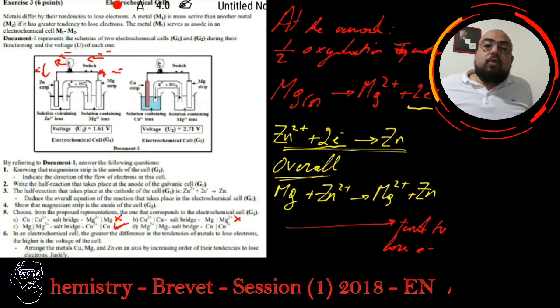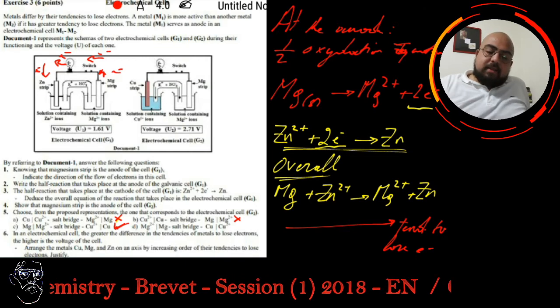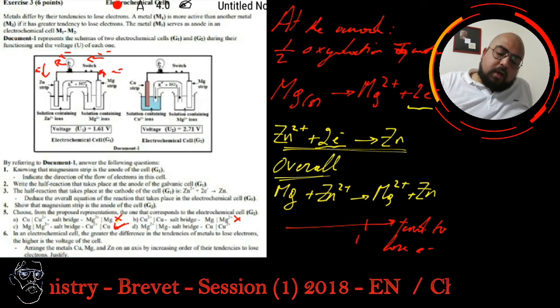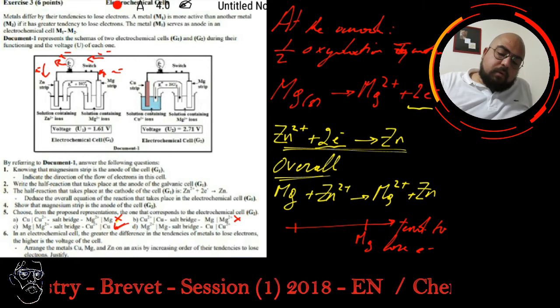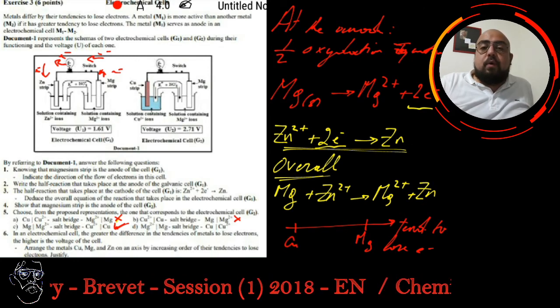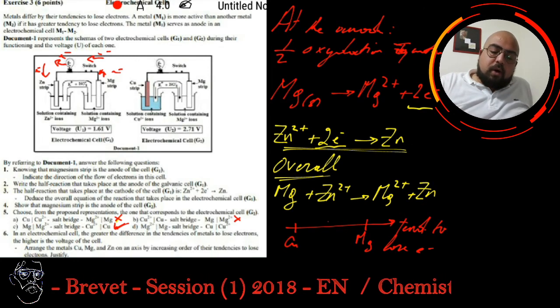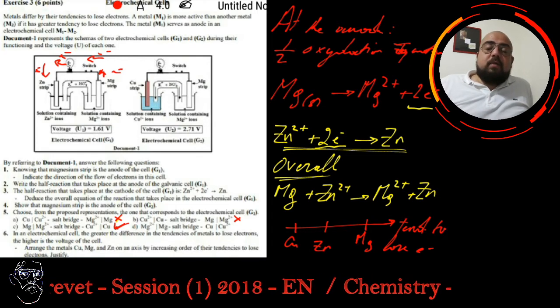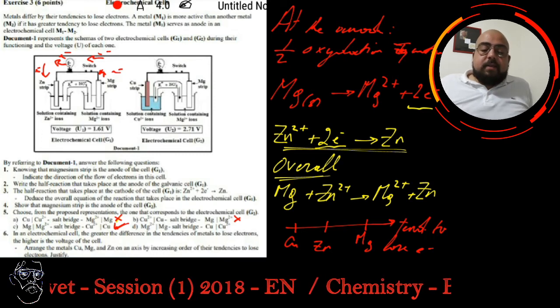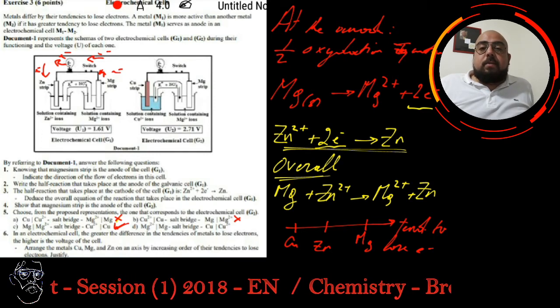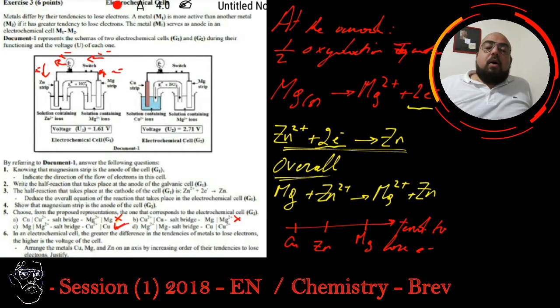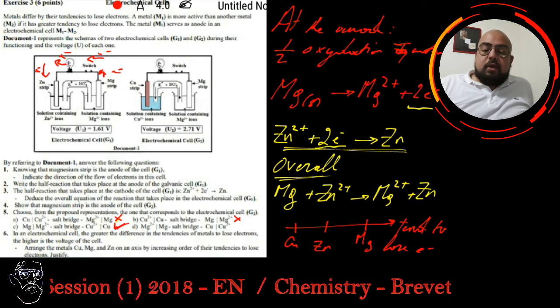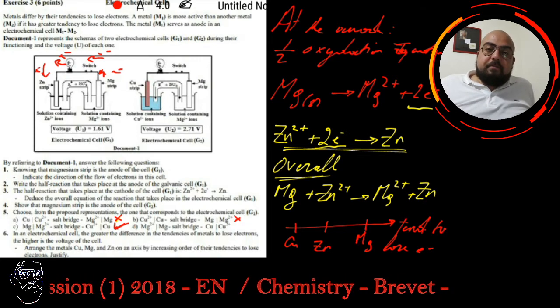So Mg and Cu are quite distant, and I need to write them distant. As for Zn and Mg, they are close because the voltage is less than 2.71, it is 1.61.